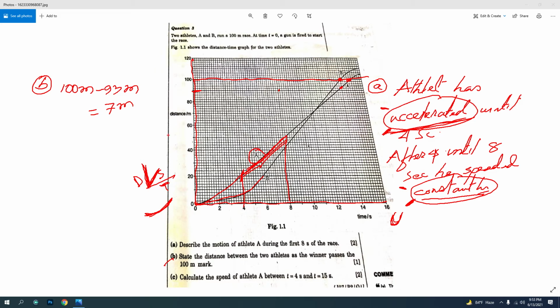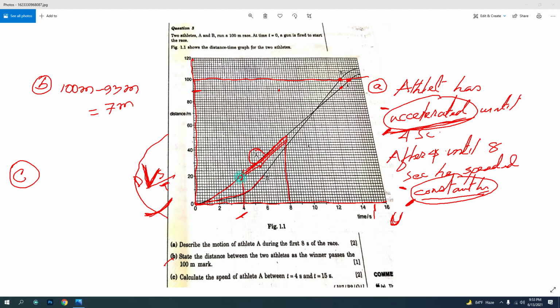Now I am going to C. Calculate the speed of athlete A between 4 second and 15 second. You know this is 4 second and that is 15 second. Before 4 second, you don't have any concern.